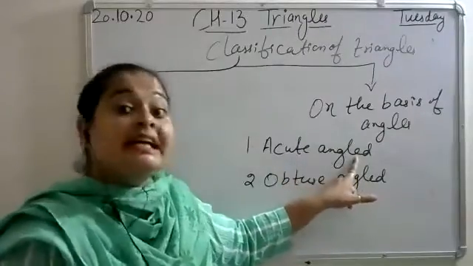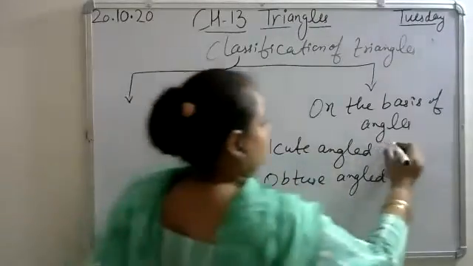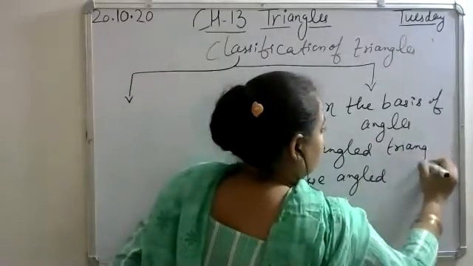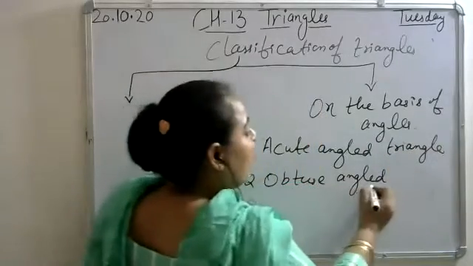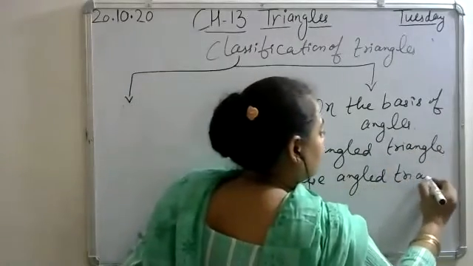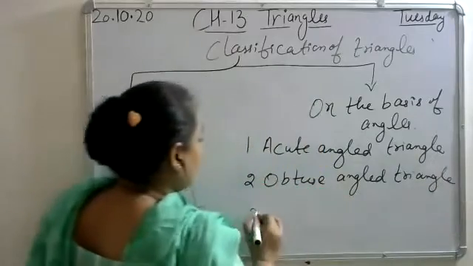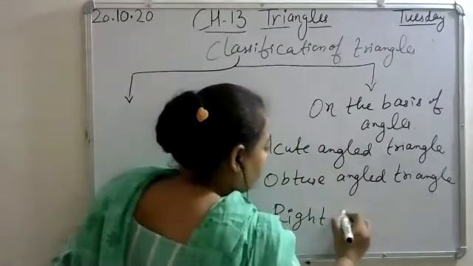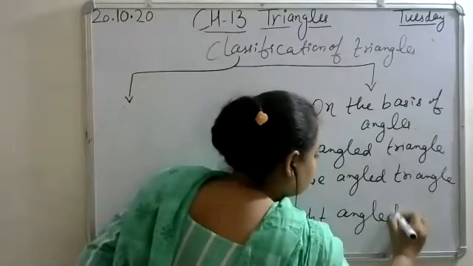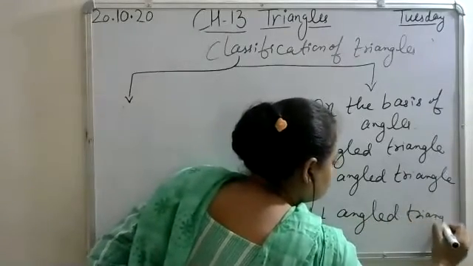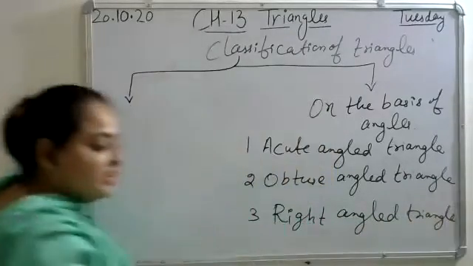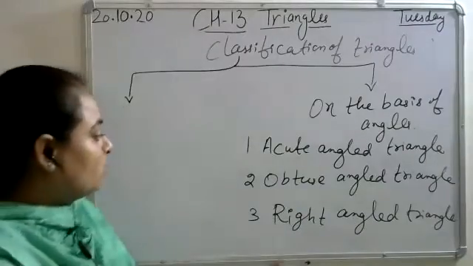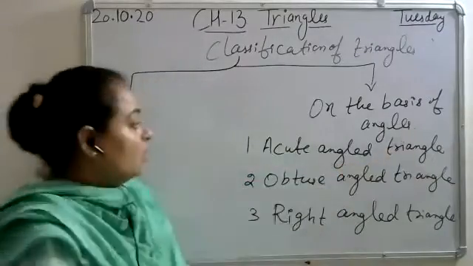Acute angled triangle. Obtuse angled triangle. And the third is right angled. Right angled triangle. So this is the classification on the basis of angles.